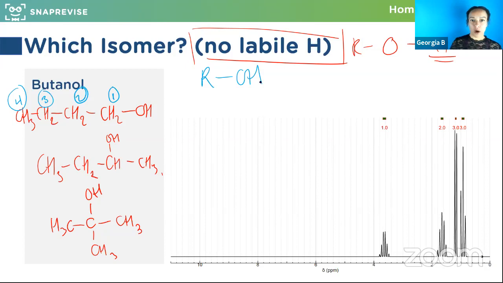We've got 4 hydrogen environments again, apart from the labile one. So we've got 1 here, 1 here, 1 here, and 1 here. So the number of environments is not helping us cancel one of those out, but we'll talk about those in a second. What about the last one? What about the 2-methylpropan-2-ol?